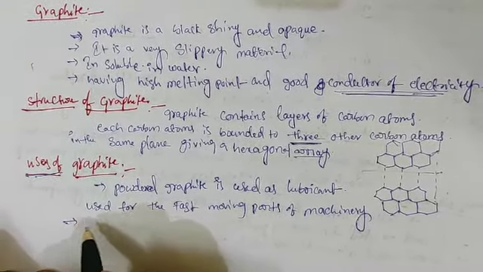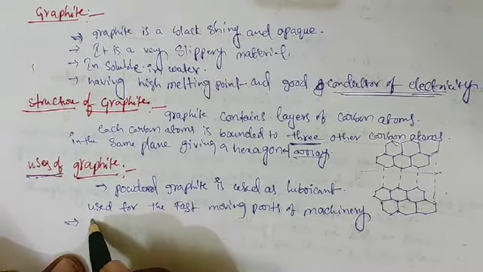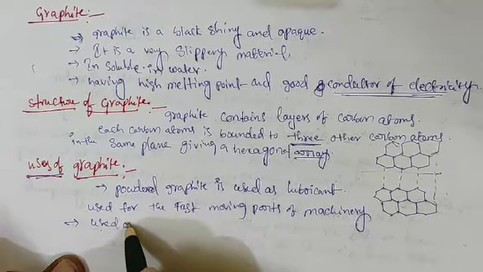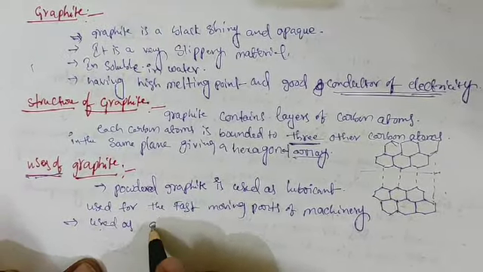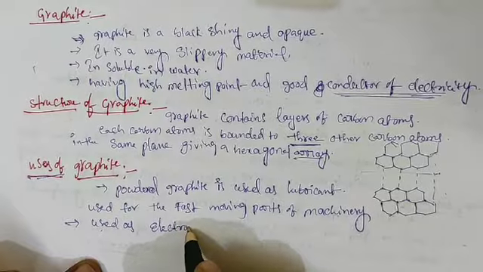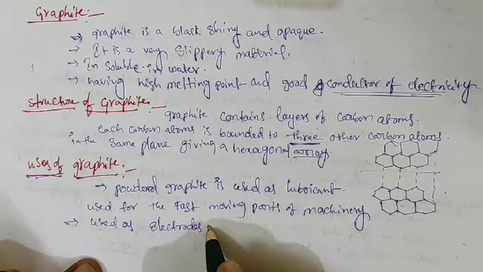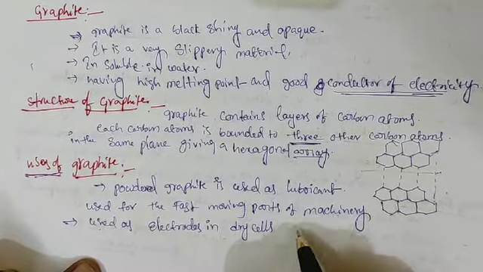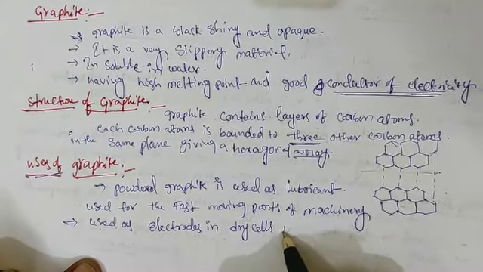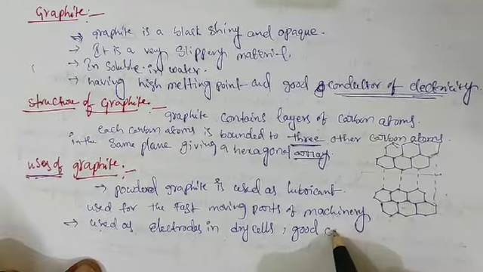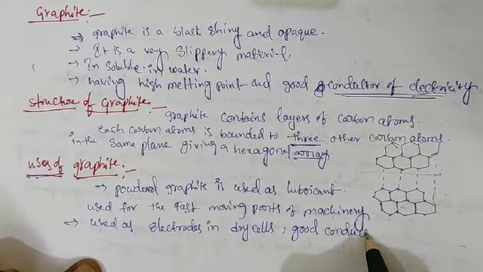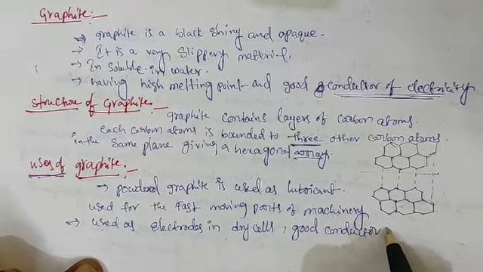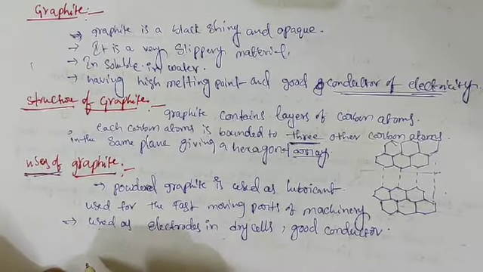Yes, one more point: graphite is used as electrodes in dry cells, because it is a good conductor and conducts electricity. So that only we are using.